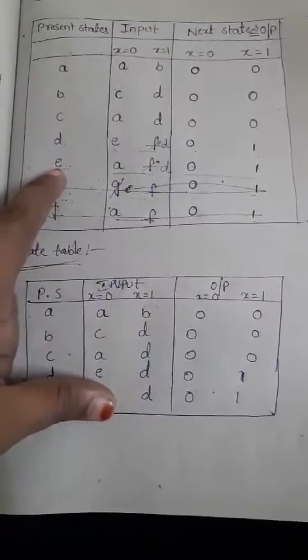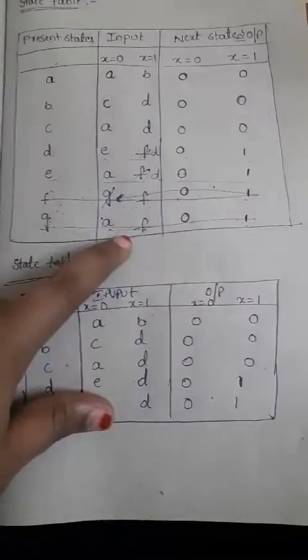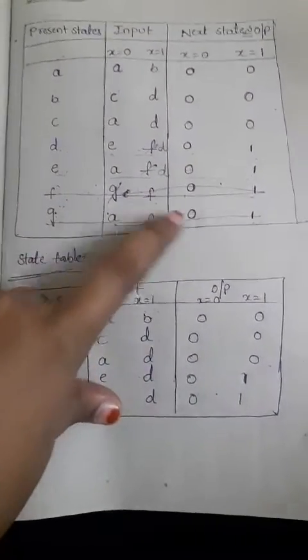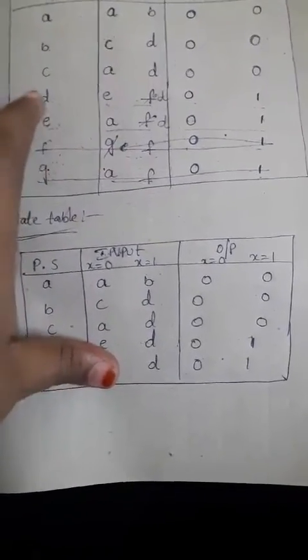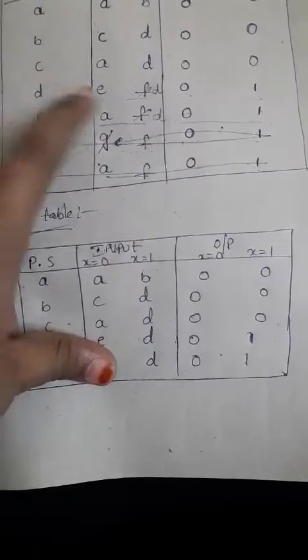First, E and G's possibilities are the same, AF and 0 1 0 1, so directly we can eliminate G, and in the state table wherever G is there, it is replaced with E. In the second case, D and F will be the same, so we can eliminate F with D, and wherever we are having F, that will be replaced with D.